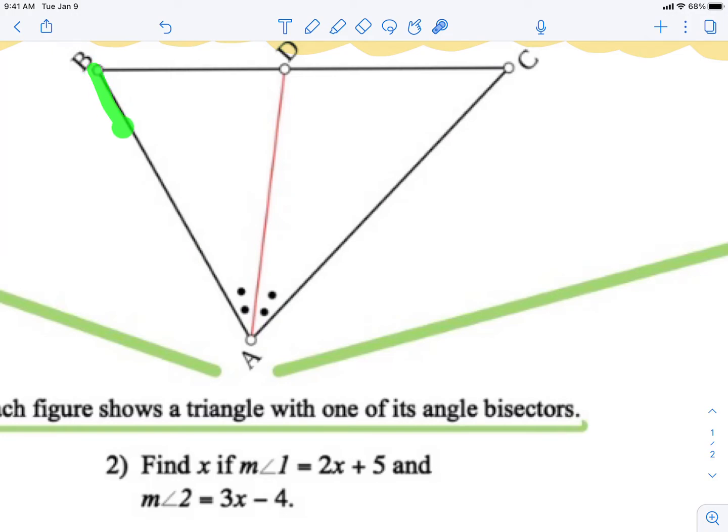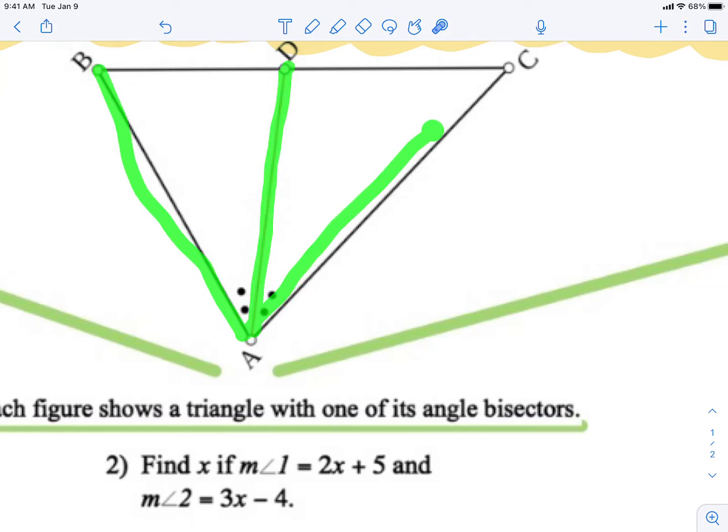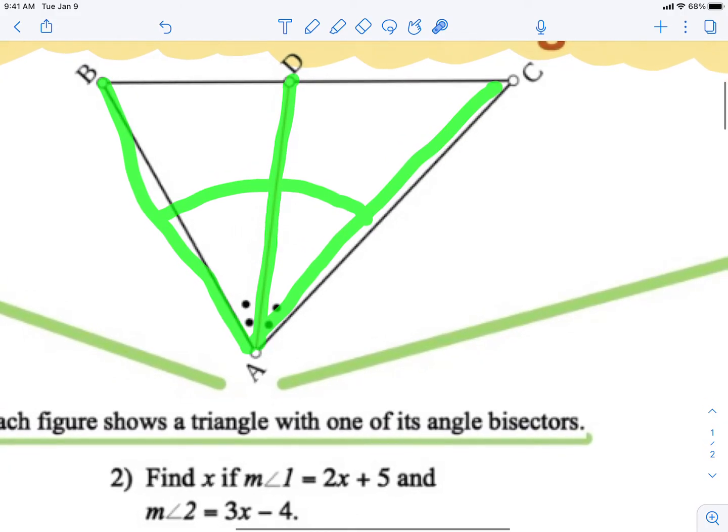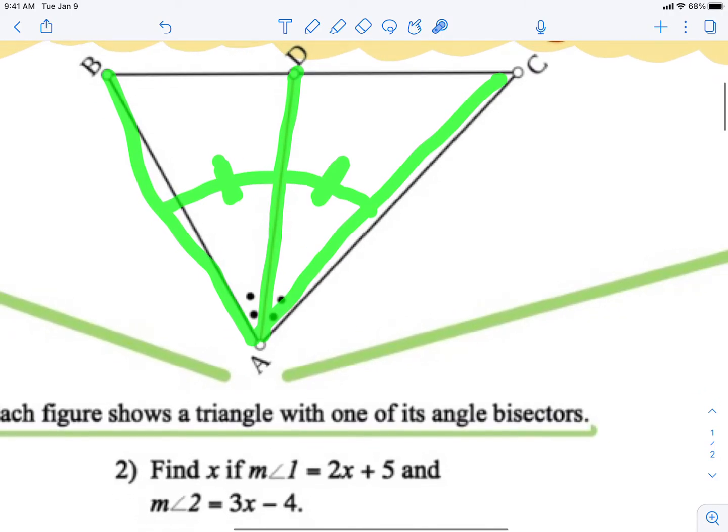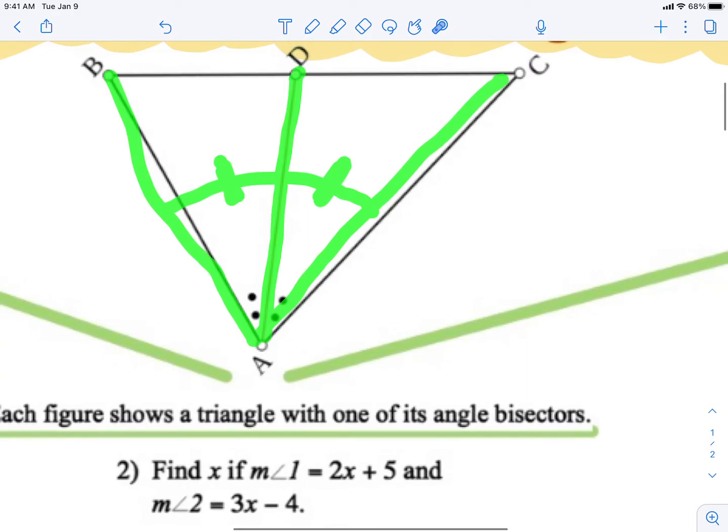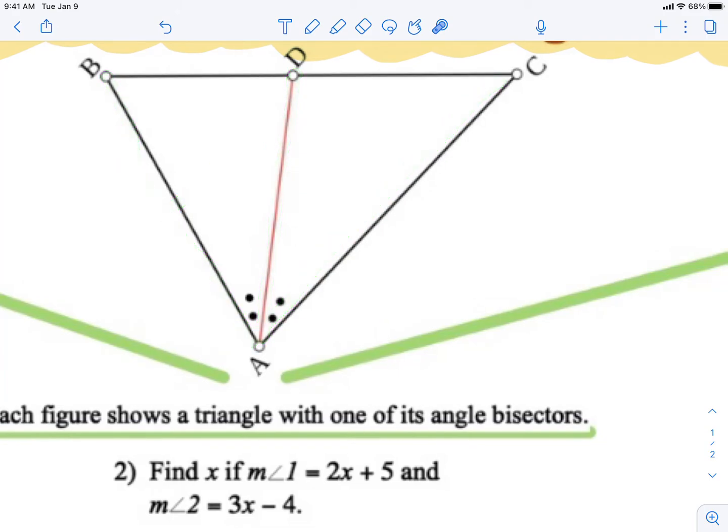But this segment DA cut this angle BAC in half. See? It cut it into two angles. When you cut something in half, it makes two equal parts. That's what that's saying.